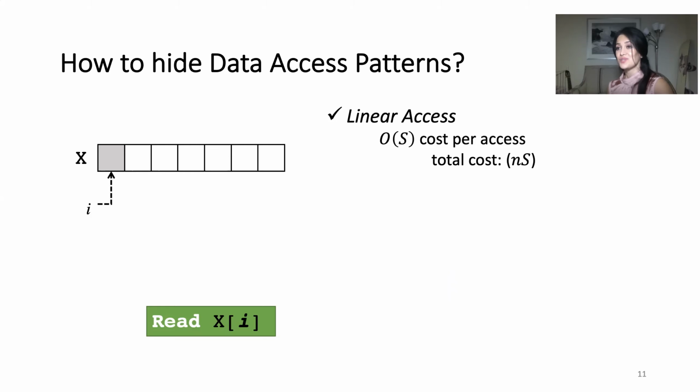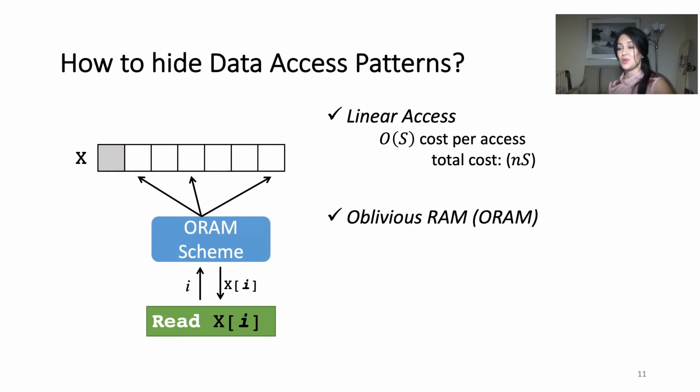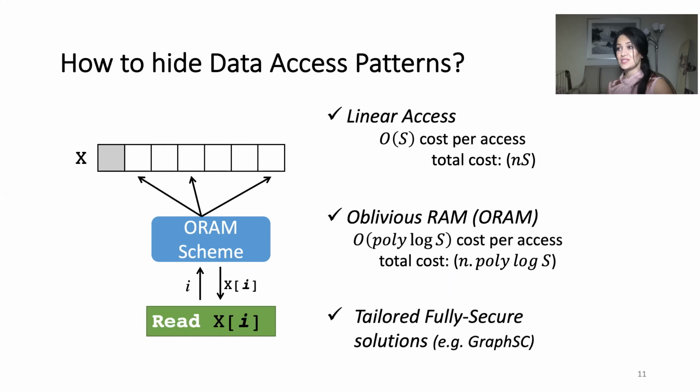But there is a more interesting and clever solution, which is using ORAM or oblivious RAM, that translates each memory access to multiple accesses of which only one is a real one. ORAM has its own line of research, and many improvements have been made to reduce its overhead in recent years, but it is still expensive and has poor logarithmic cost per access. And at the end, the last solution is circuit-based or tailored solutions similar to graphics.